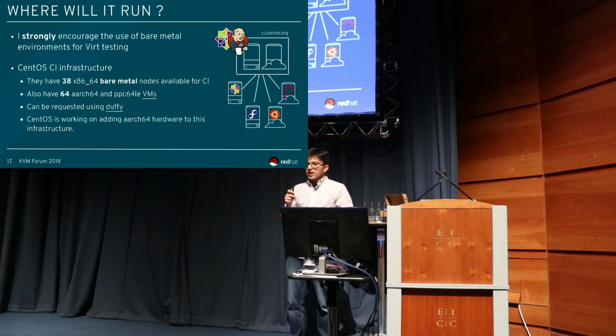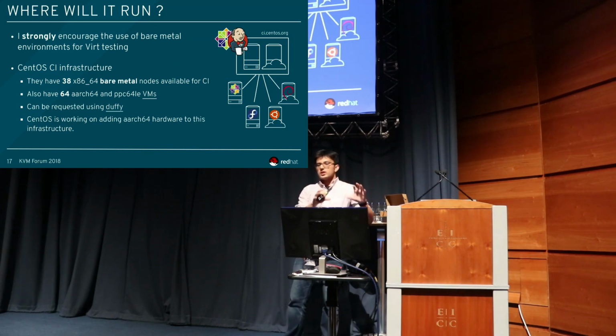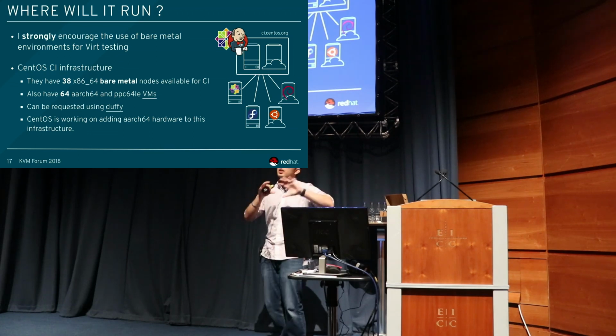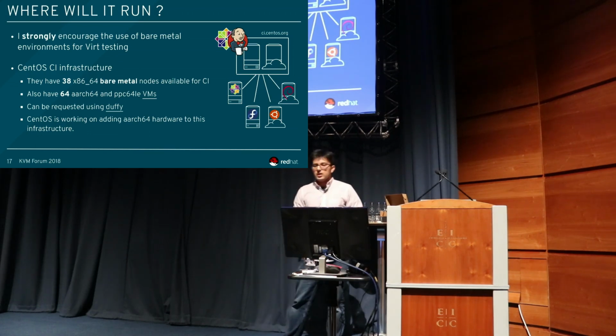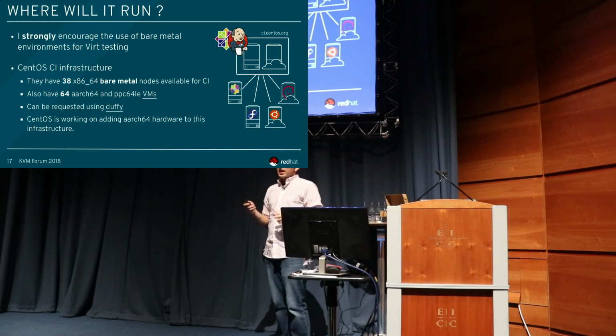Now this takes off the burden of one particular person being the admin of an infrastructure, because the CentOS CI SIG group will take care of this. You can provision a bare metal Fedora or CentOS node or you can create a Debian VM, and we can run the tests in this environment.